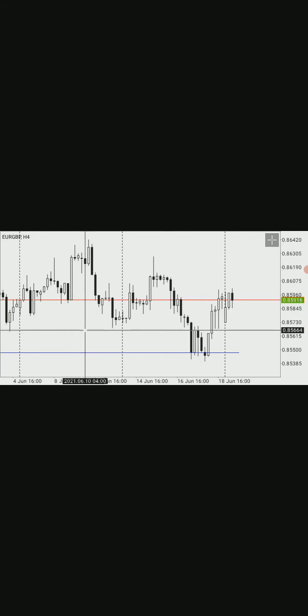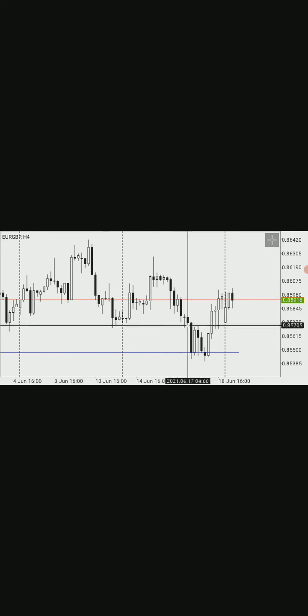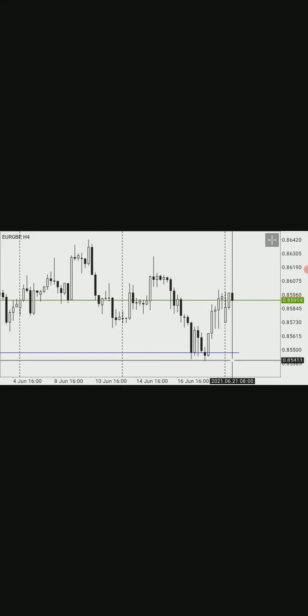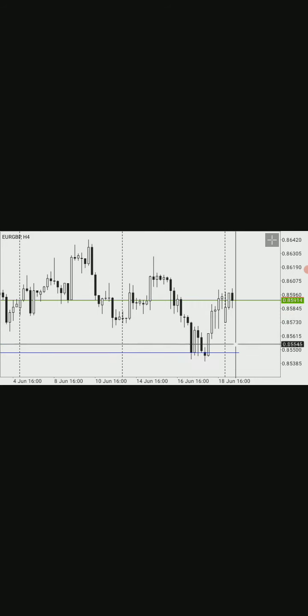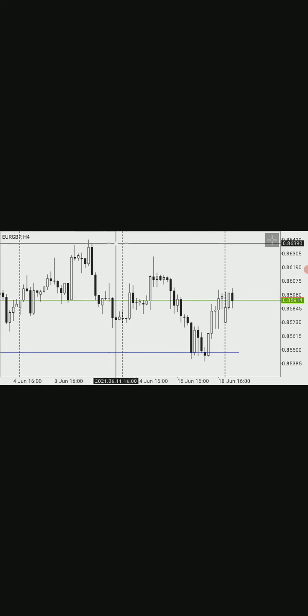We were expecting these lows to be taken, and that's what it did. Then it found some support at this sensitive price point at 0.555 points. Therefore, we saw the bullish run that we were expecting to take this other high.